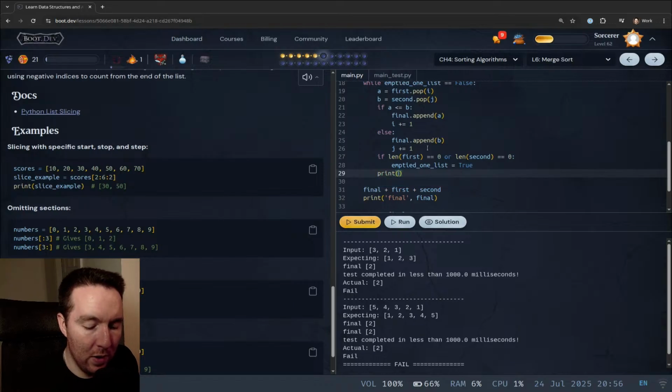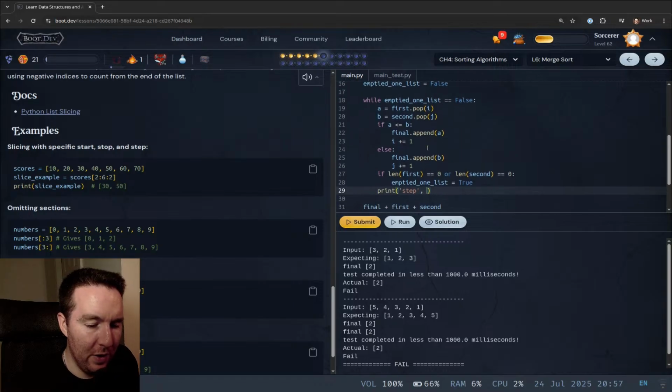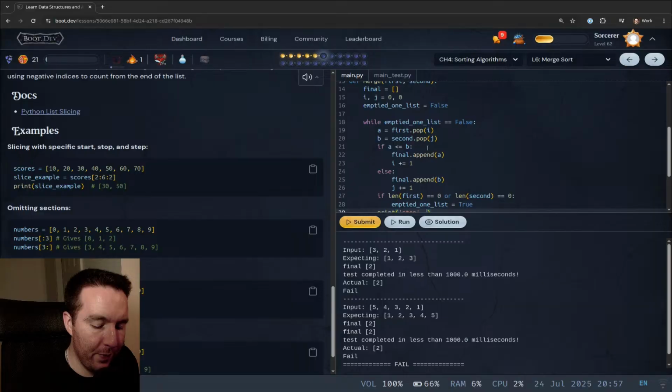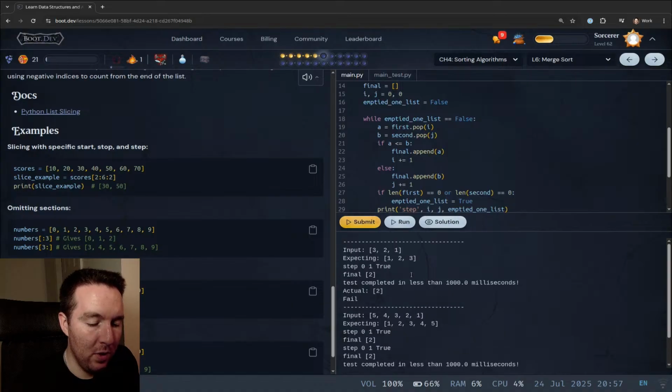So print step. Oh, feels like such a noob. i, j, emptied one list. Let's see.